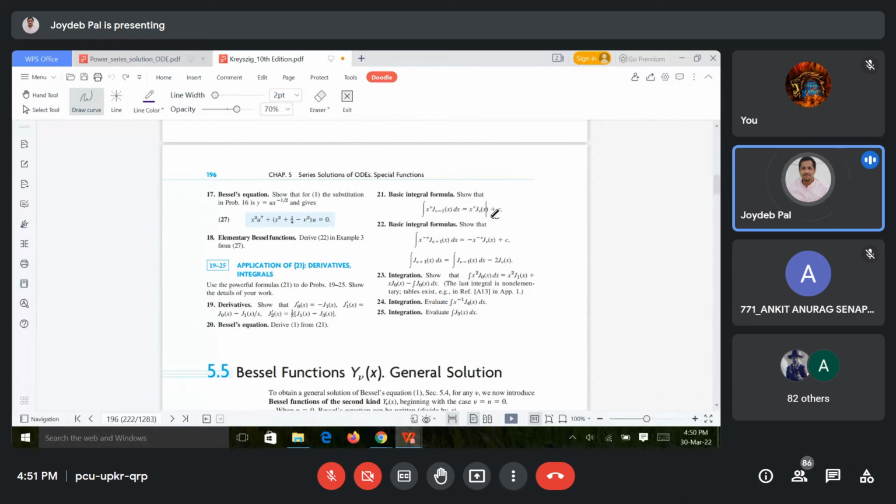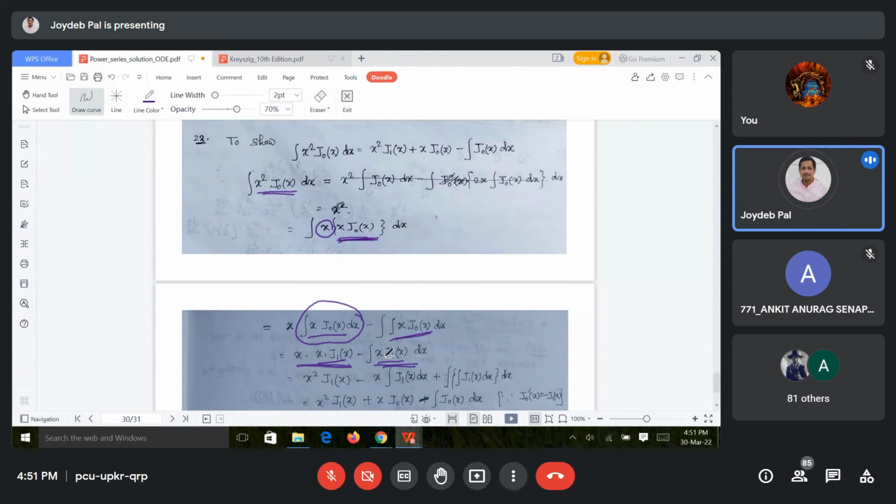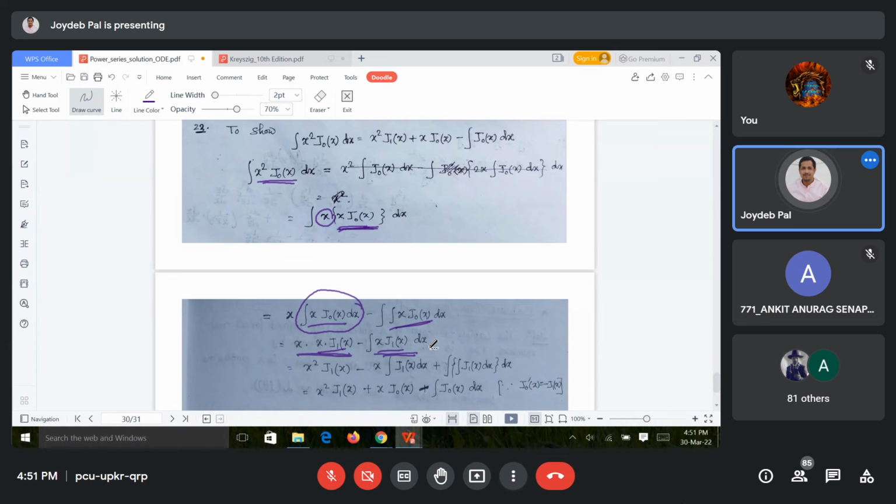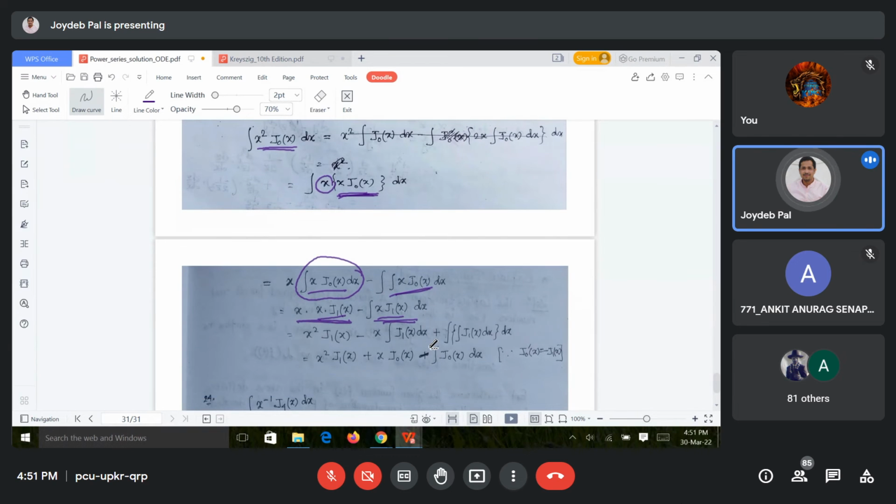Integration x into j naught is equal to x into j1, right? Yes. The integration of x, I am putting in the second term, there is an integration. So I have to try to eliminate it. You cannot always eliminate it, but your try should be to eliminate the integration.